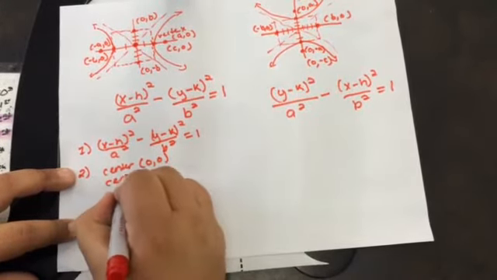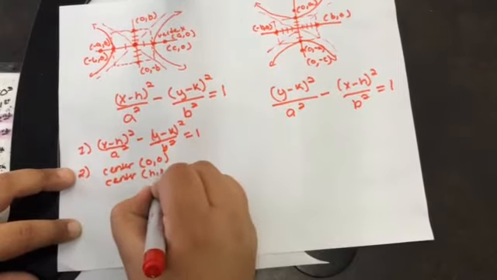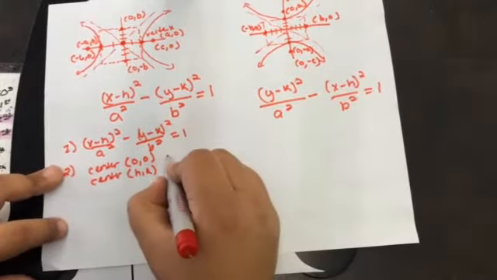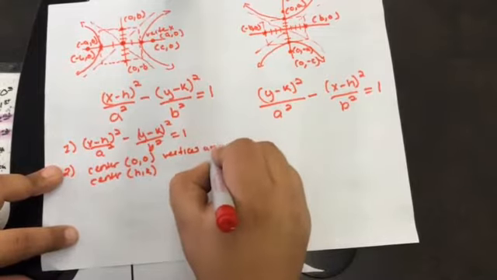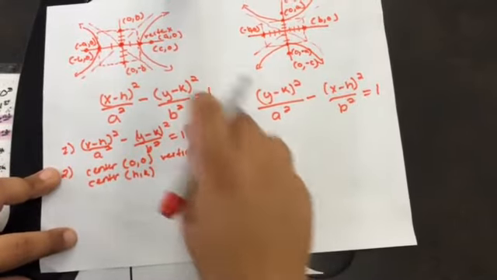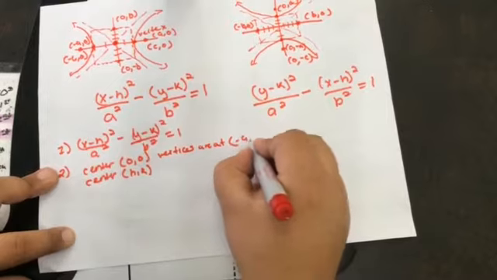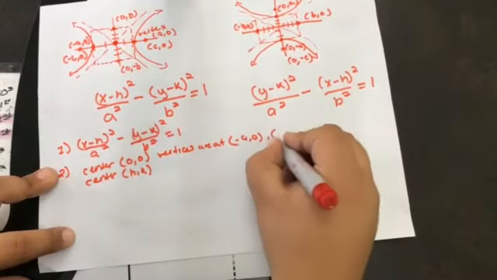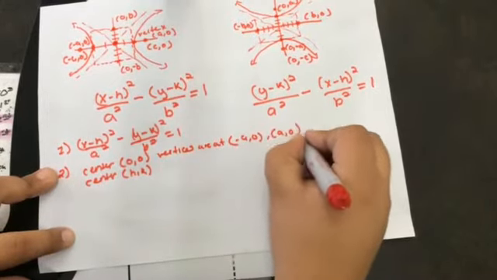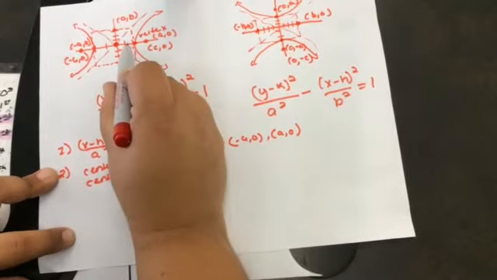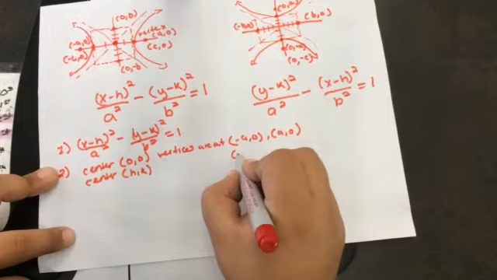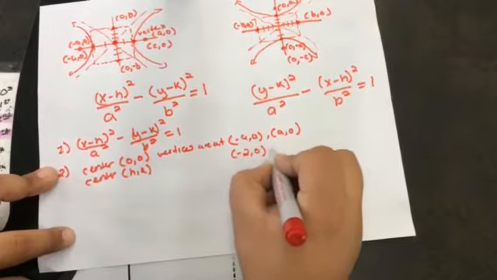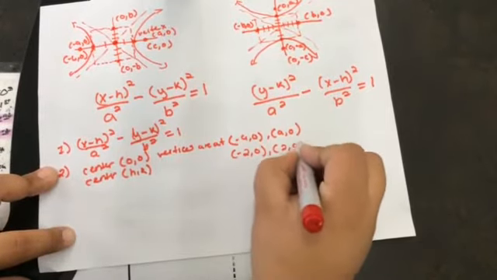Remember that your center is your h and your k. So then your vertices are at -a and 0 and a and 0. In this case, the value of a is 2. So it would be -2 and 0 and 2 and 0.